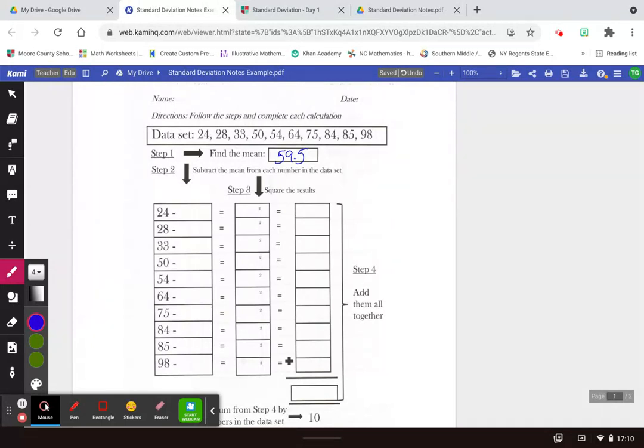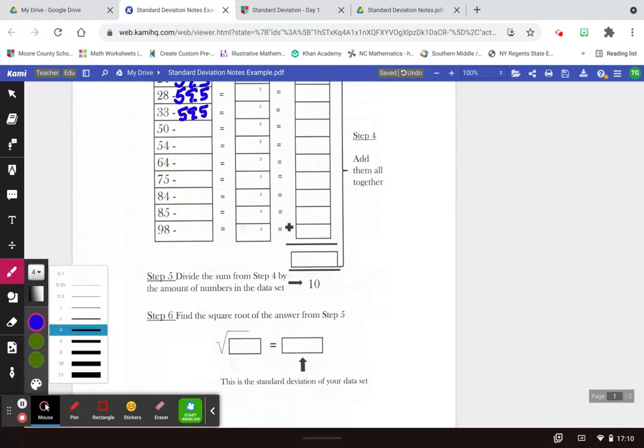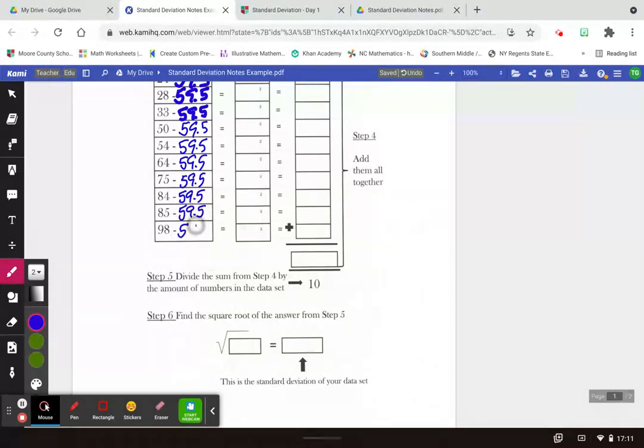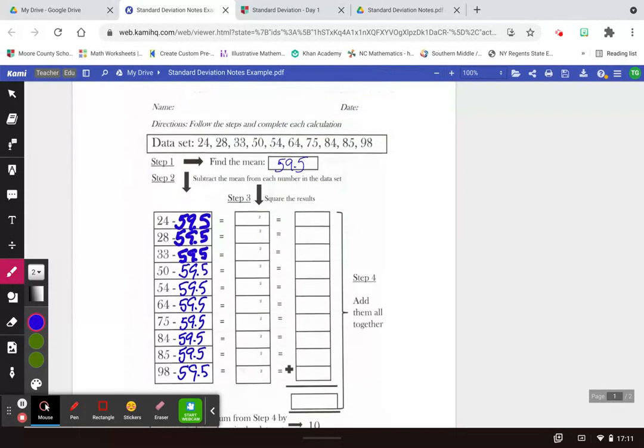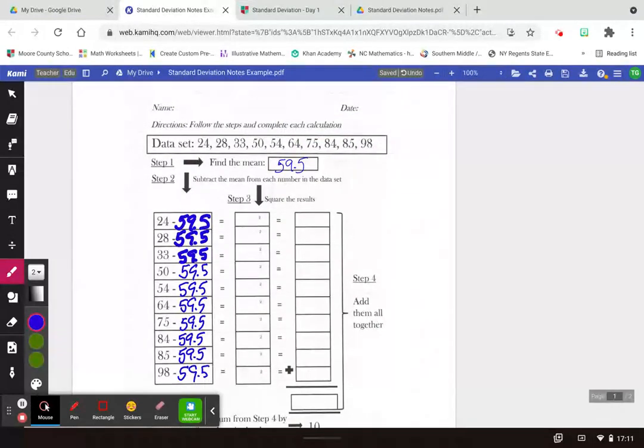So as you continue to fill in the graphic organizer, you would write this 59.5 in each one of these squares, okay? All right, so now step number 3 says to square the results.